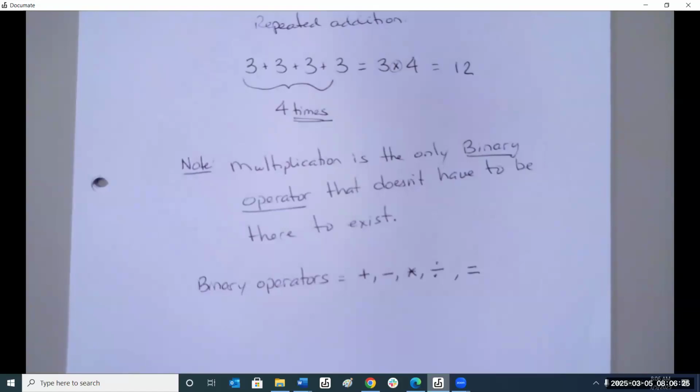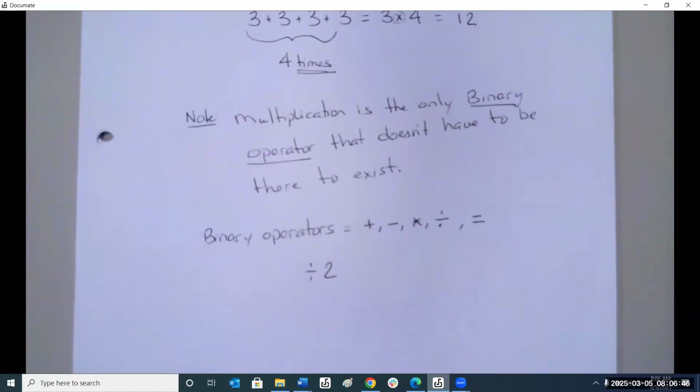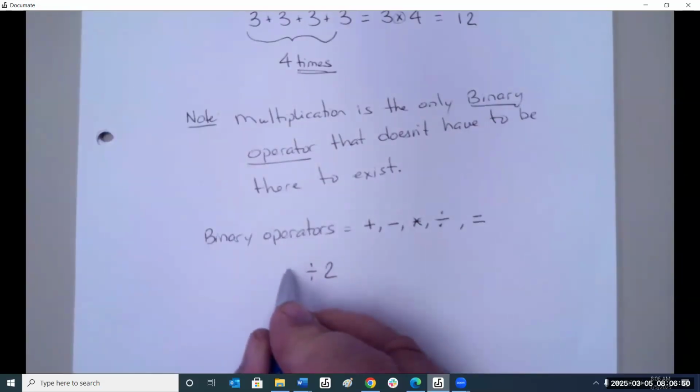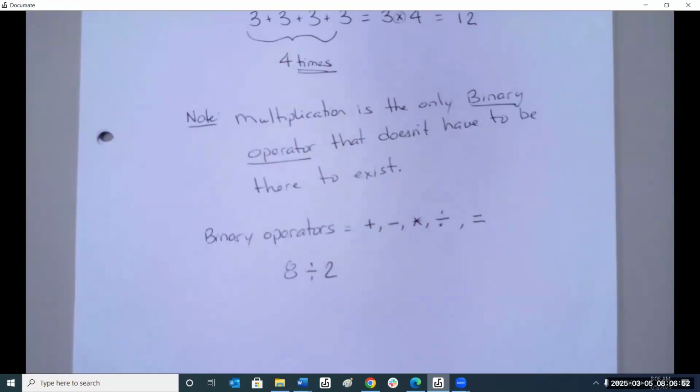So whenever we say binary operators, we're simply talking about the algebraic symbols. The reason being because they don't mean anything unless there are two numbers, one number in front, one number behind it. That means absolutely nothing. Now it means something. Now we have an answer.